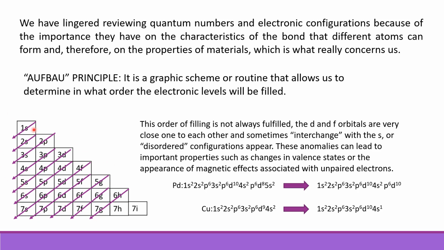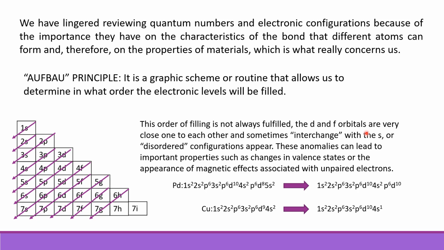This order of filling is not always exact. In most cases, it's true. It's a quite good mnemotechnic rule, but in some cases, the d and f orbitals, sometimes also p and d orbitals, but normally d and f orbitals are so close to each other that sometimes they are interchanged.